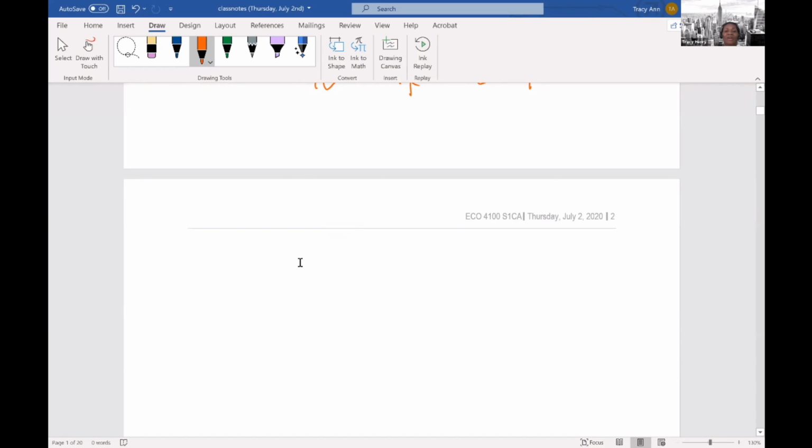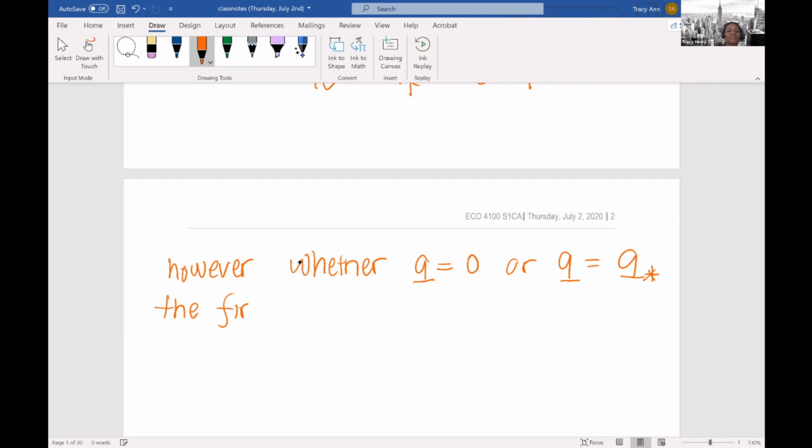Whether Q is equal to 0 or Q is equal to Q star, the firm faces fixed costs in the short run.